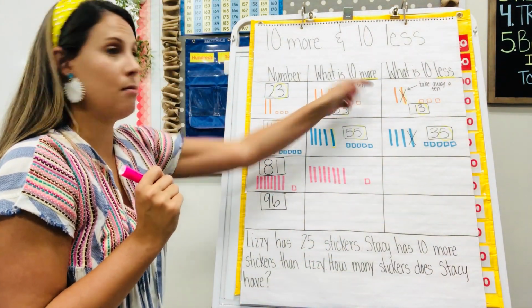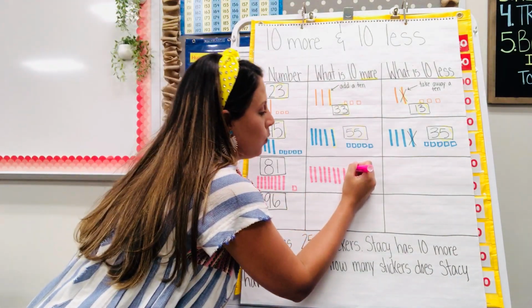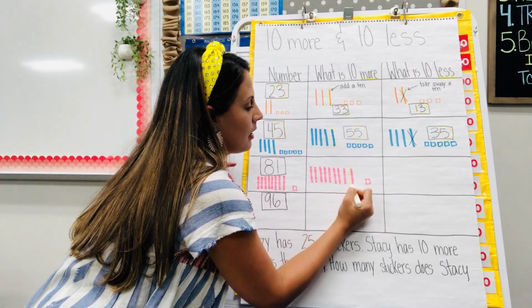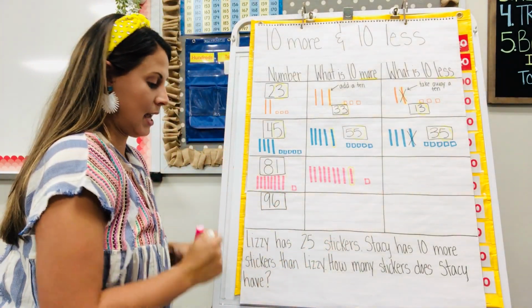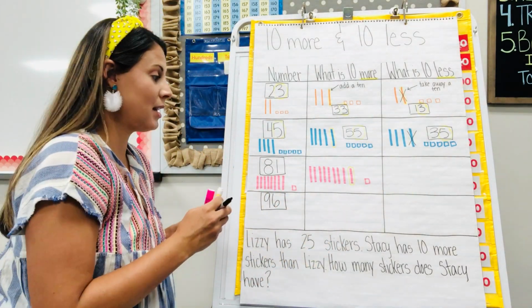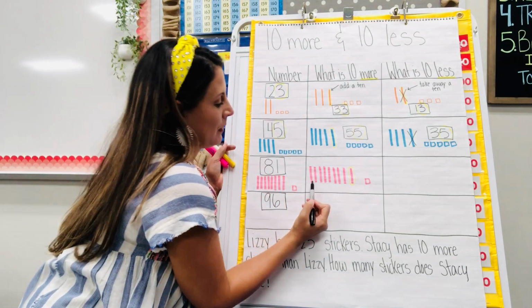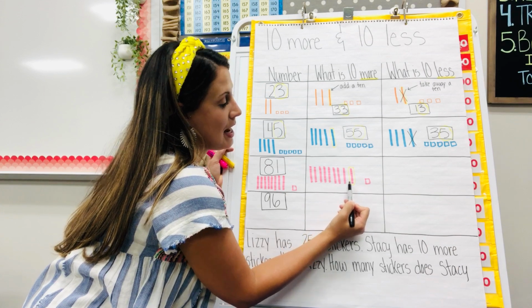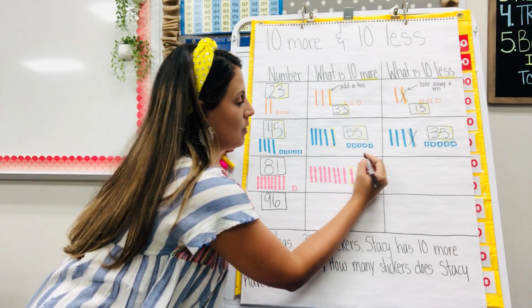But if I'm doing 10 more, I need to draw 1 more 10. So this is the 10 I added. Now let's count and check what 10 more than 81 is. 10, 20, 30, 40, 50, 60, 70, 80, 90, 91.